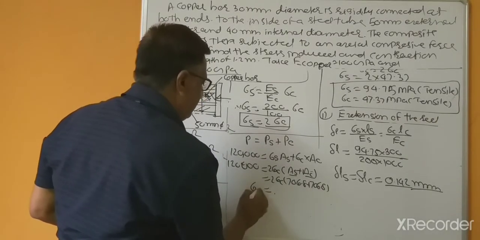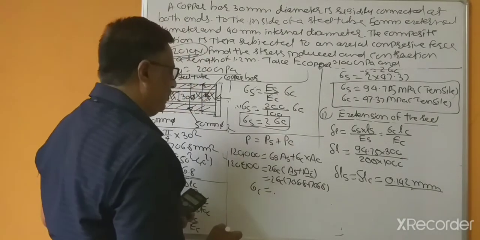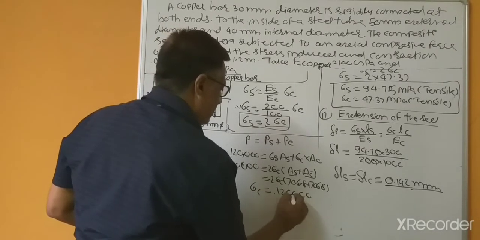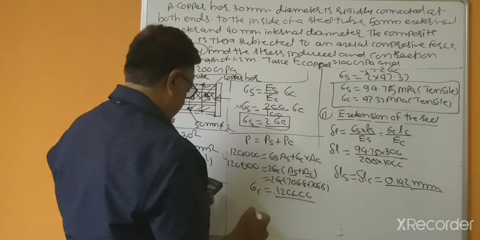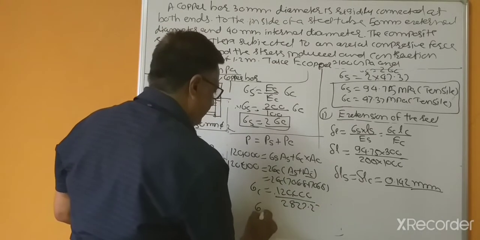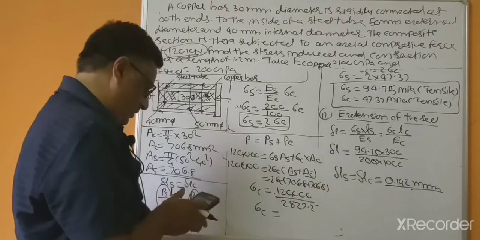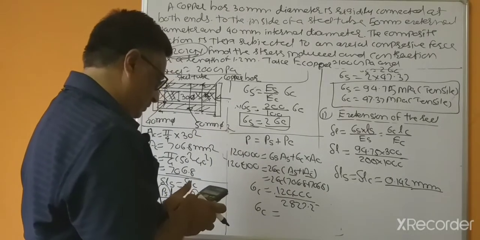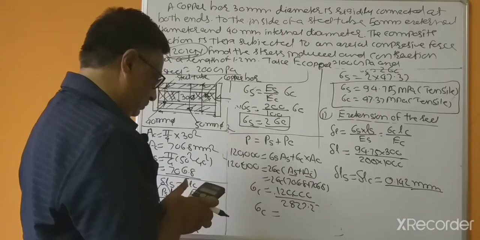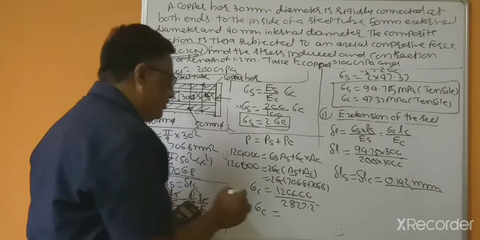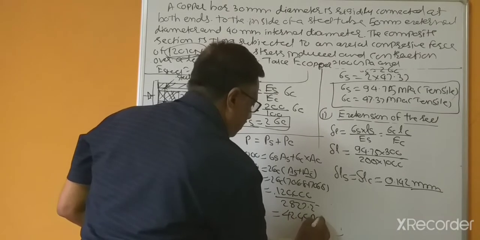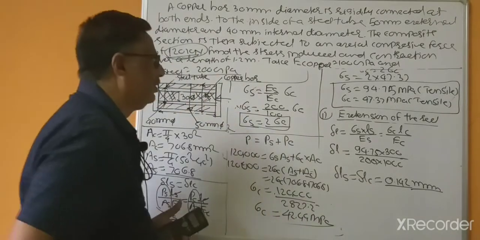So sigma C equal to 2827.2, sigma C equal to 42.44 megapascals.